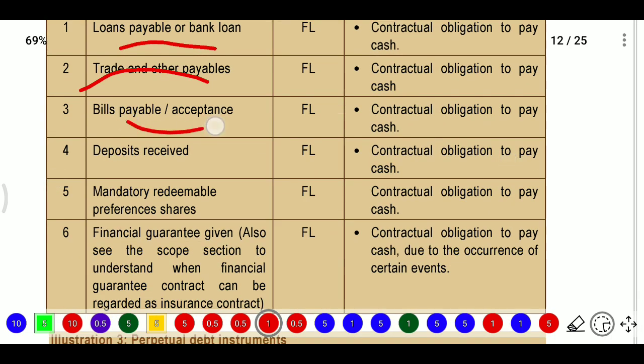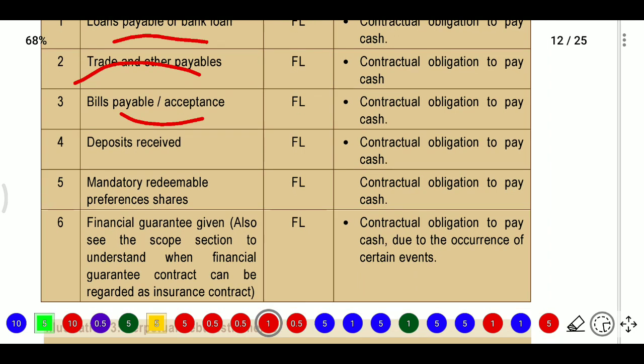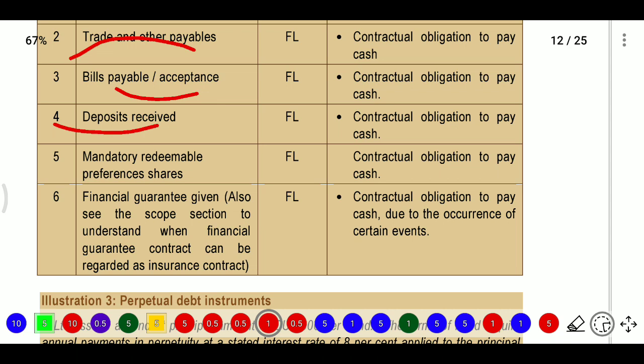Bills payable or acceptances are also financial liabilities, since you need to pay in cash. Deposits received: if you receive a deposit, you need to pay that person, so it is also a financial liability.